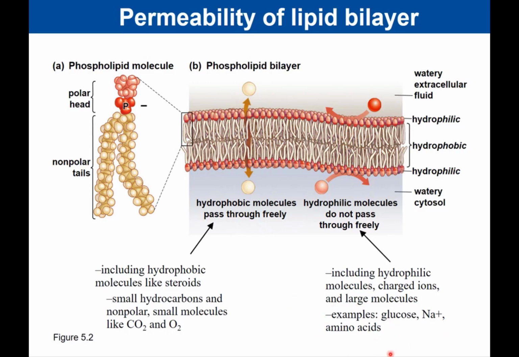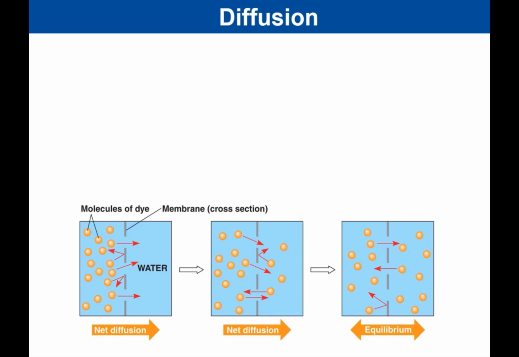Amino acids, which are, remember, the building blocks for proteins, those are also polar and therefore cannot cross this hydrophobic core. So the things that cannot cross are hydrophilic molecules, charged ions, or very large molecules. All of those components make it so they cannot cross the membrane on their own and they need help.